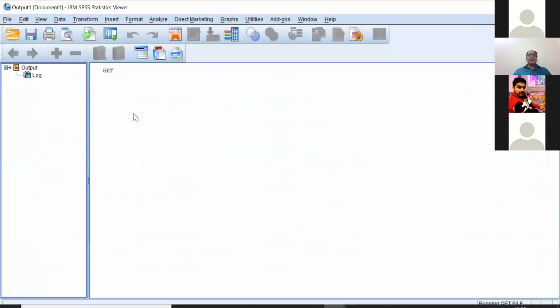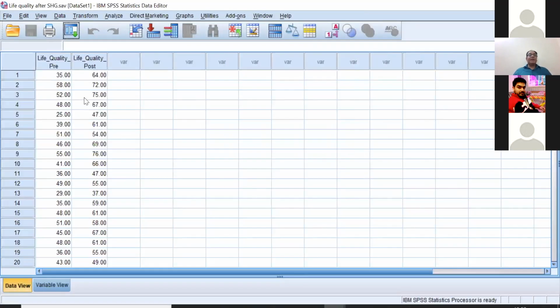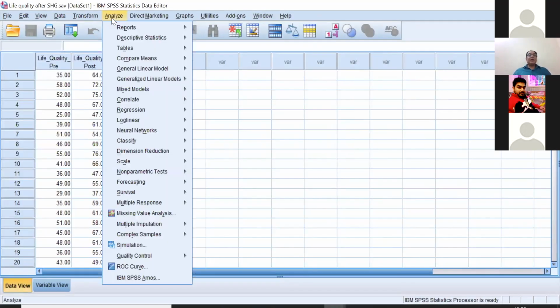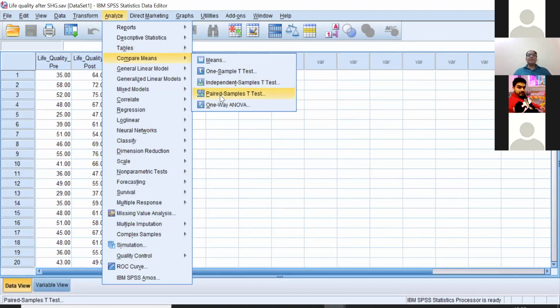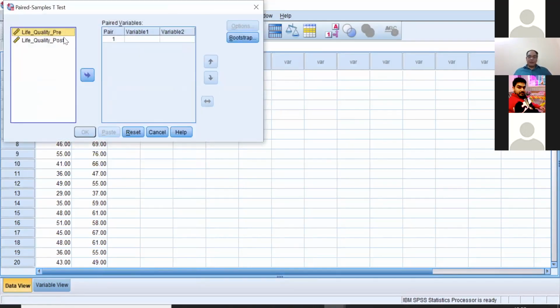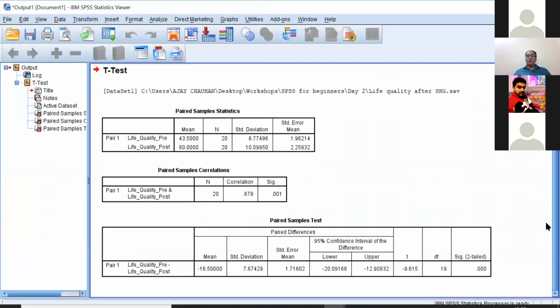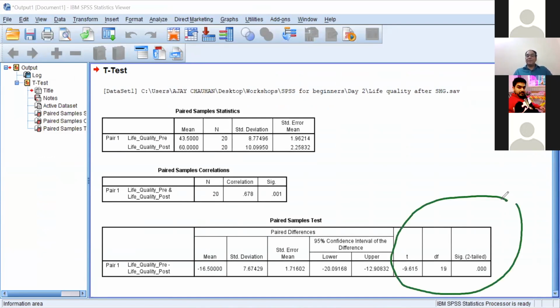So let me open this file. It is a case of the paired sample t-test. I am showing you just the paired sample t-test, and click OK. Now, what I want to show you here, kindly see in this test, this part is called the p-value method, and this portion is called the confidence interval method.